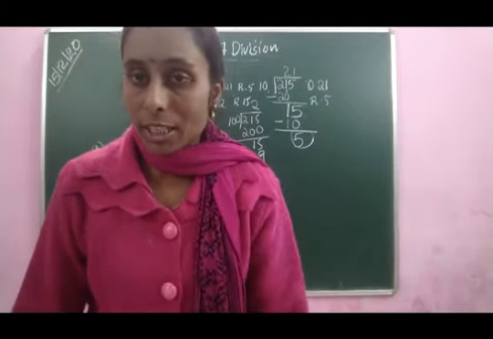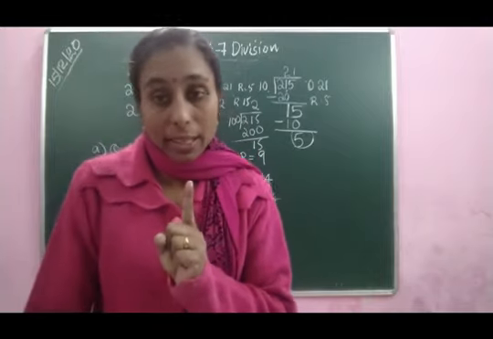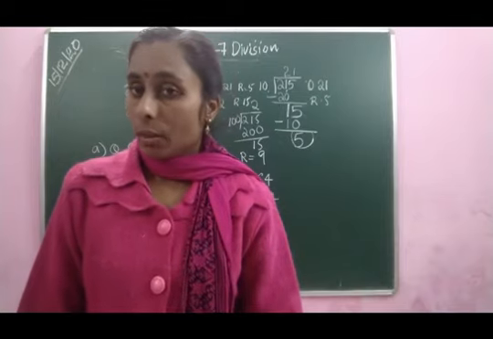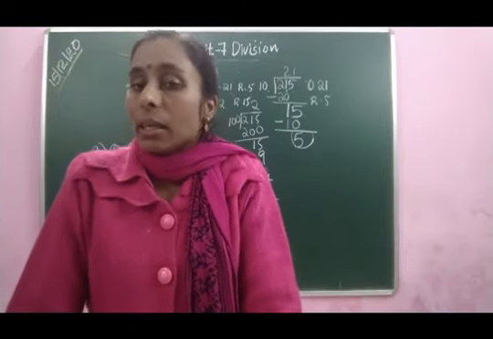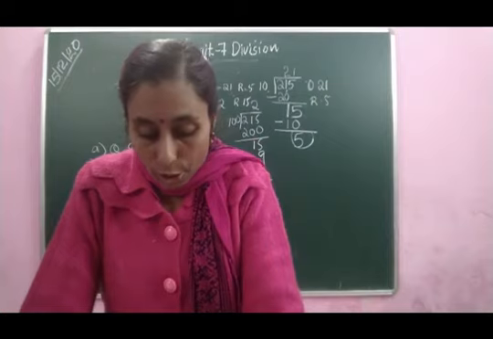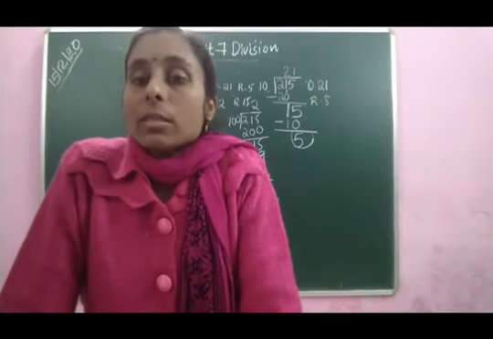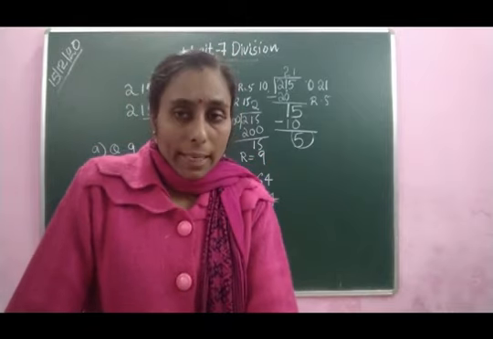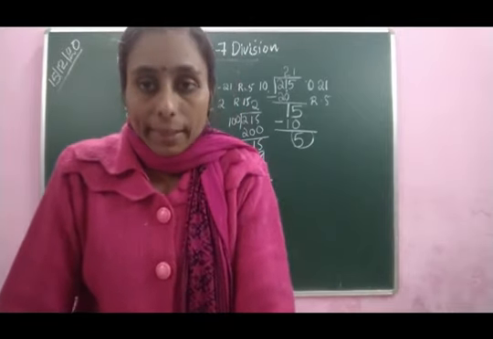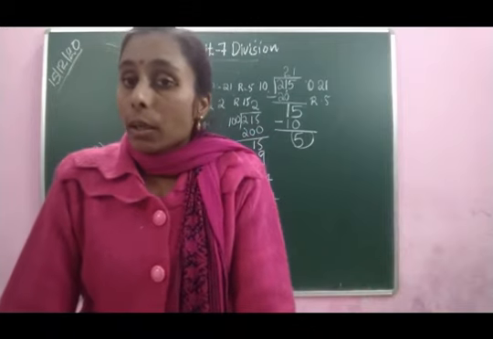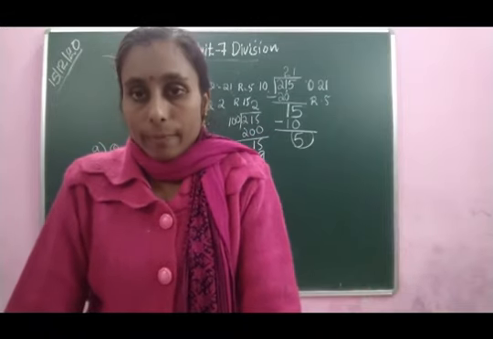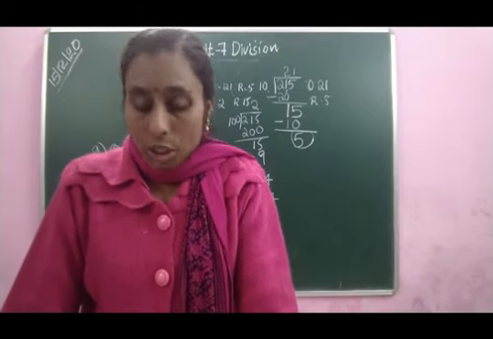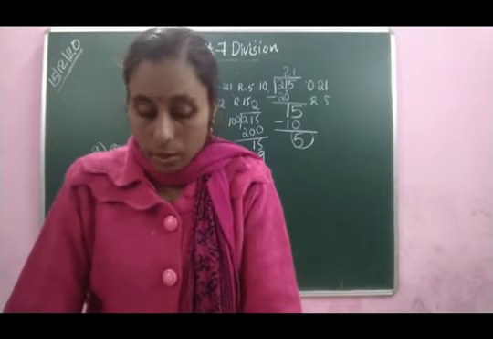What will be the quotient? 99 will be the remainder because we are dividing by 100, and 8 will be the quotient. Next one, 667 divided by 10. Dividing by 10, the last one digit is the remainder, that is 7. 7 is the remainder and the rest of the number is the quotient, that is 66.